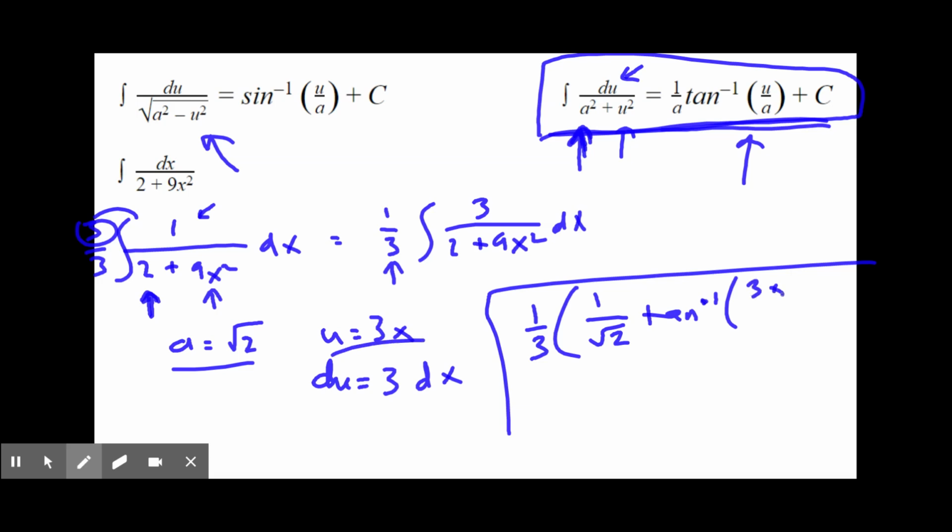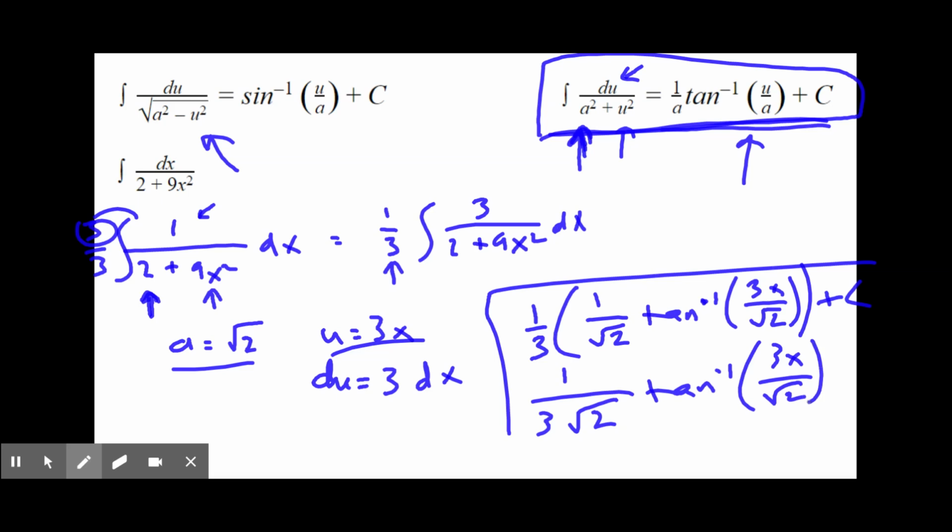So it becomes 3x over square root of 2, and then plus c. I'll close the parentheses and put my plus c. I could leave it like that if I wanted to. Of course, I can multiply the 1/3 and the 1 over square root of 2 together, getting 1 over 3 square root of 2, inverse tangent of 3x over square root of 2 plus c. Hey, there you go. There's my antiderivative.